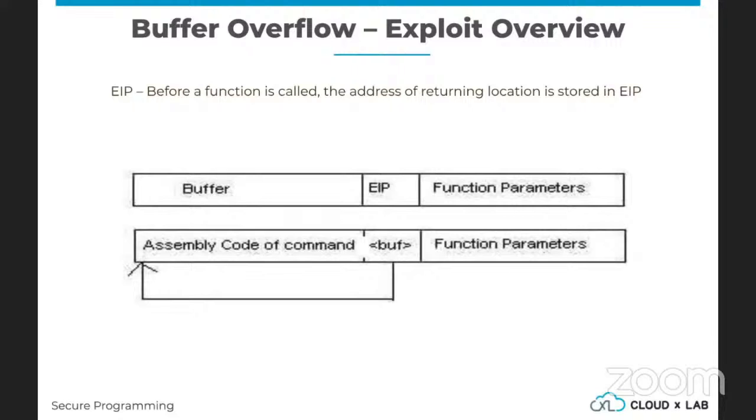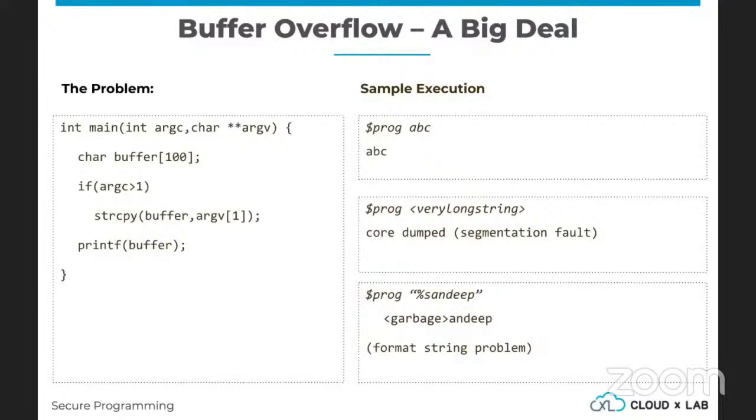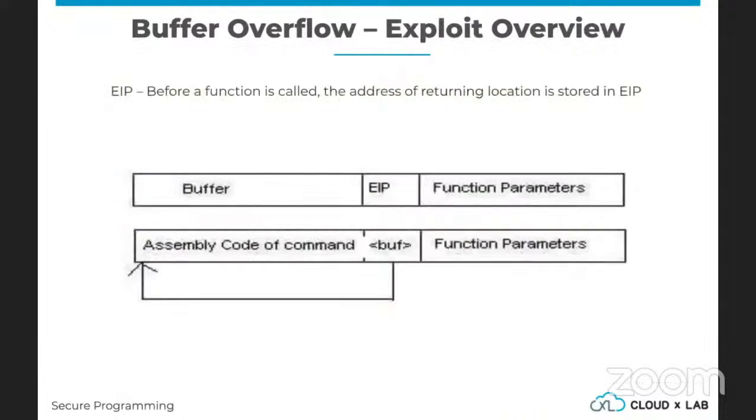So an innocent looking code like this could be exploited to get anything done, right? Anything done. And this is real. Just look for buffer overflow or "Smashing the Stack for Fun and Profit". There is this paper called Smashing the Stack for Fun and Profit, and take a look at that.